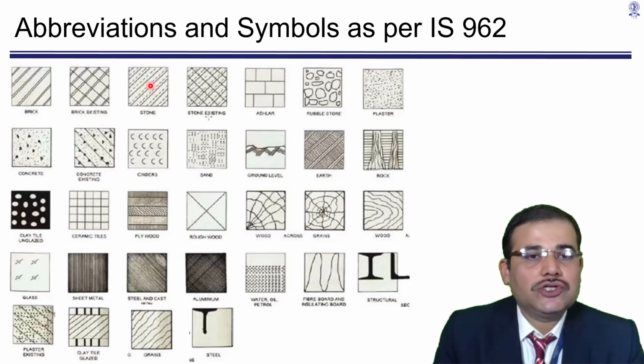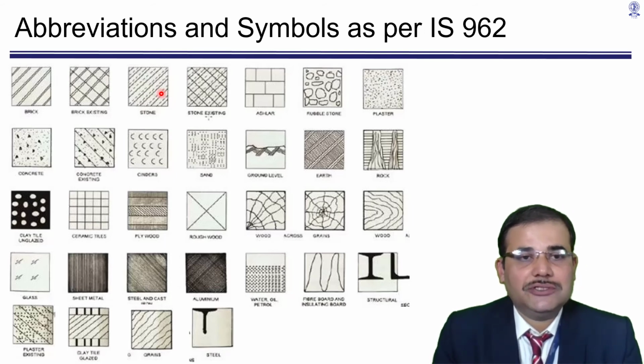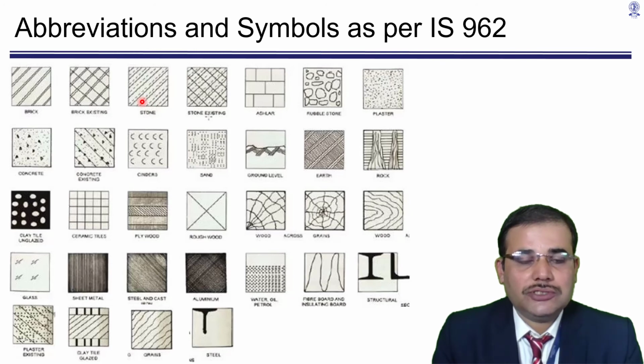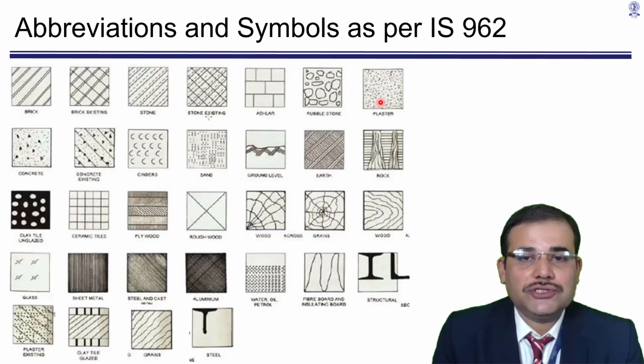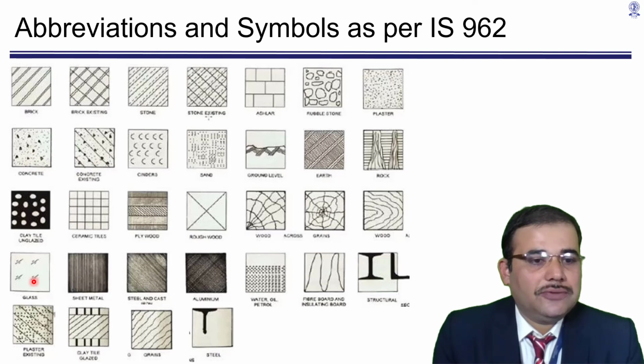Another one is the stone, which is normally used for foundation purpose or plinth construction. At that time, the cross section will be shown with reference to these symbols. This is a symbol for stone, this is for plaster, this is for concrete, this is again for glass.